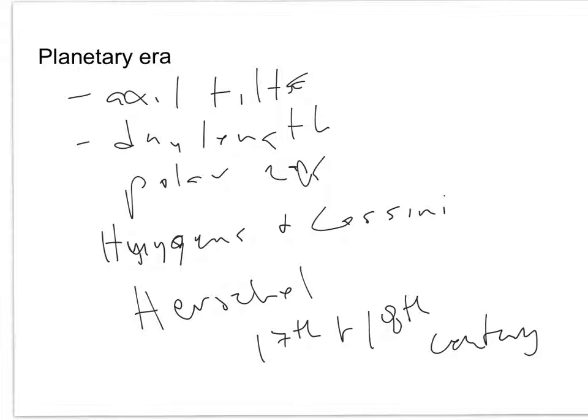So this sets us up for this idea of plurality of worlds, that if there are other planets, and some of them actually might be Earth-like, then we can start thinking about, is there life on other planets? Is there civilized life on other planets, whether they're humans or not?